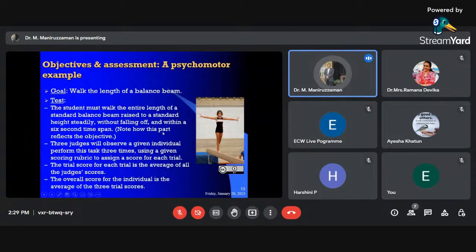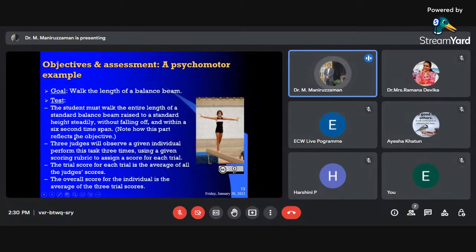Note how this part reflects the objective. Three judges will observe a given individual perform this task three times using a given scoring rubric to assign a score for each trial.